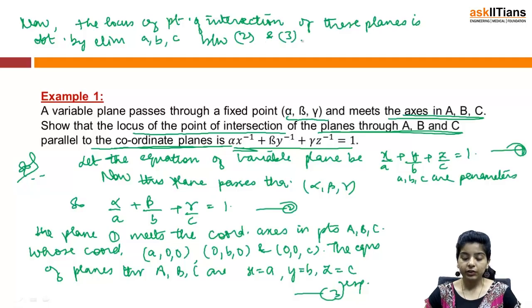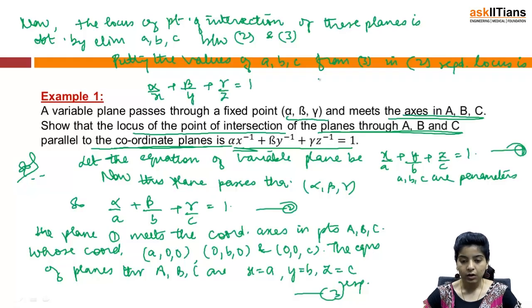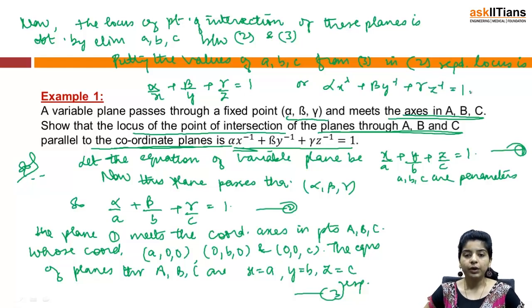You can eliminate A, B, C between the equations 2 and 3 to obtain the locus of point of intersection of these planes, and this gives me, putting the values of A, B, C from 3 into 2, the required locus is alpha by x plus beta by y plus gamma by z is 1, or alpha x inverse plus beta y inverse plus gamma z inverse is 1, and this was the required locus that we were required to find out.